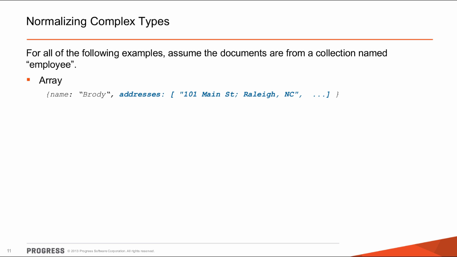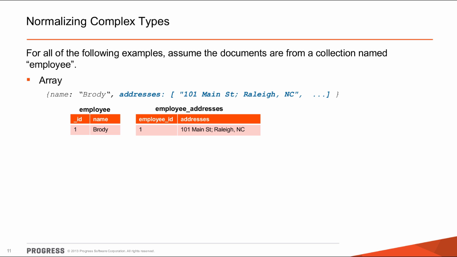So in this case, we've got Brody again, that employee Brody with an address. And in this case, we've got an array of addresses. The normalization pattern here would be to map that address array in the JSON document into a child table, and those array elements become rows in that employee addresses child table.